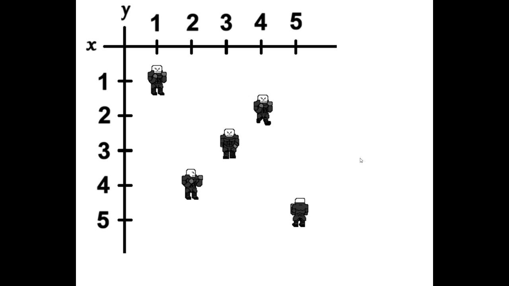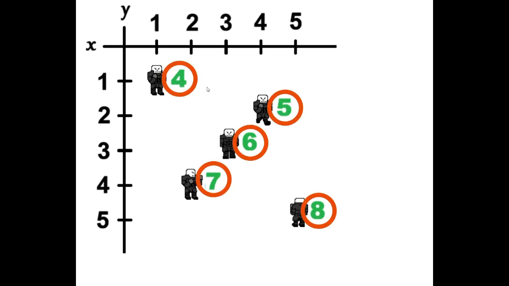So again, looking at our sprite images in our coordinate system, previously they had z-index values like this, but after sorting using quicksort, they now have the correct z-index values.